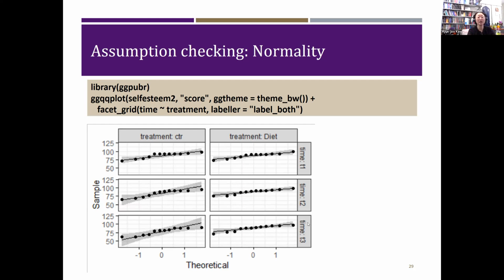There are 6 time and treatment combinations, and the ggqqplot function generated a normal QQ plot for each combination here. These normal QQ plots show all the points fall approximately along the reference lines. So we can assume that the normality assumption is reasonably met.